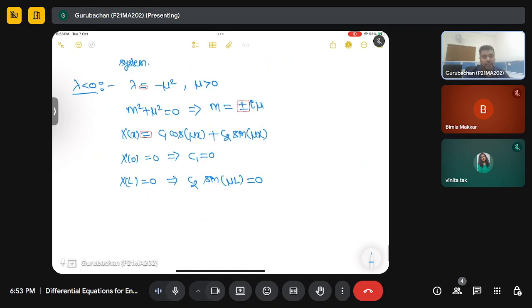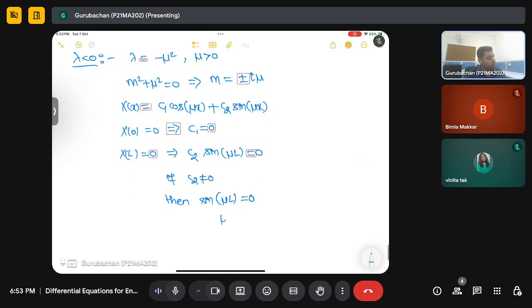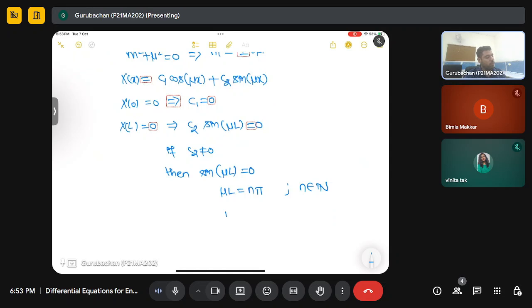Since we are targeting some non-trivial solution, we may assume that c2 is non-zero, then sin mu L is 0. So from here you will get mu L as n pi. Since we are seeking positive mu, n can be only a natural number. So mu is n pi by L, where n is any natural number.